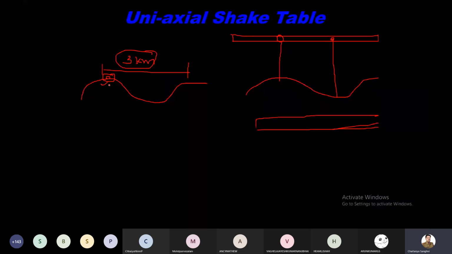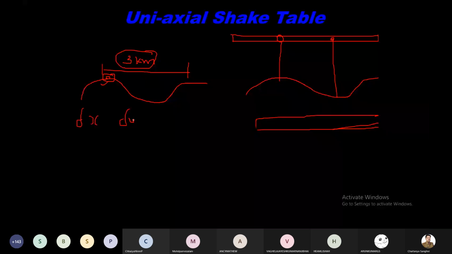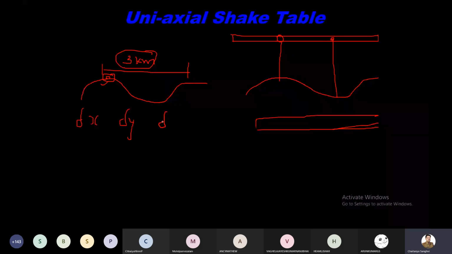But for a simple structure like ours, which is 30 meter by 40 meter, 40 meter by 50 meter, you can simply take only the translational component, right? So we consider components X, we consider delta X, delta Y and delta Z. So this is the deformation in X, Y, and Z direction.